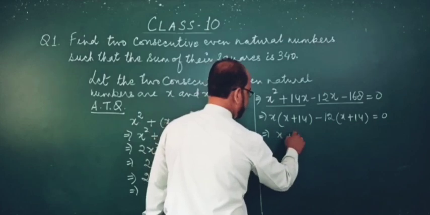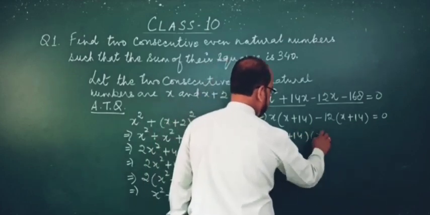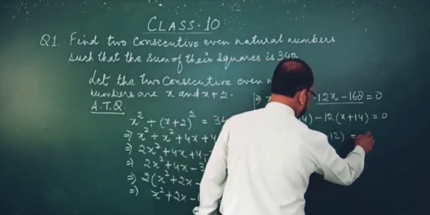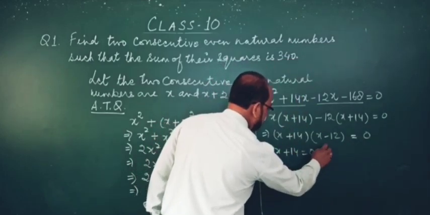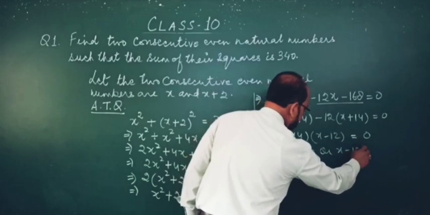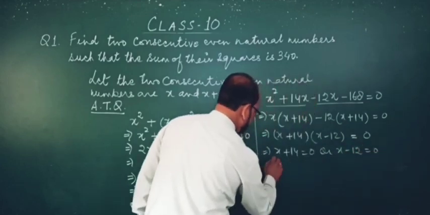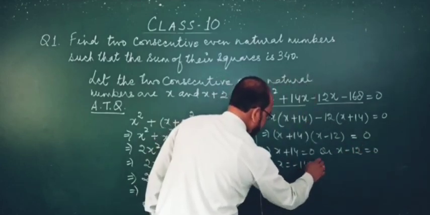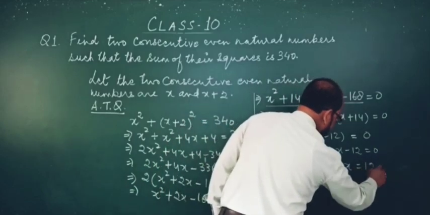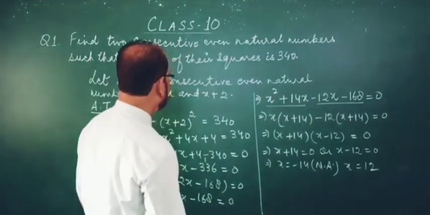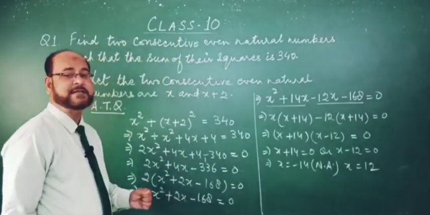Now x plus 14 is common in both, then x minus 12 equals 0. Taking x plus 14 equals 0 or x minus 12 equals 0, x equals negative 14, this will be not applicable, and here x is equal to 12.